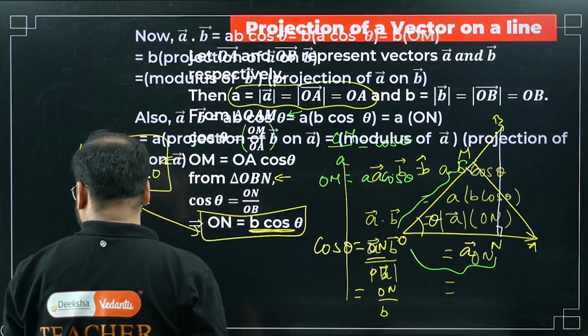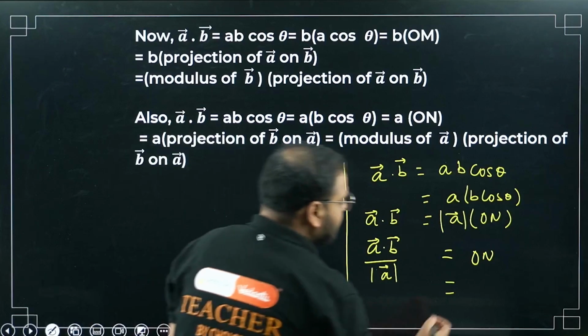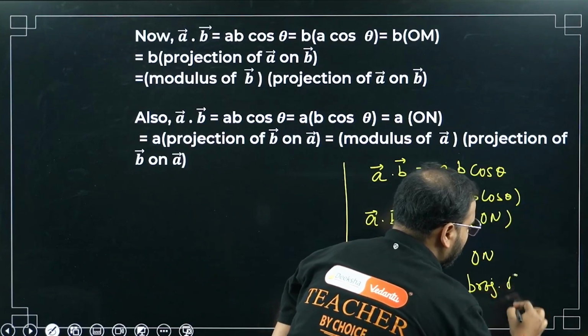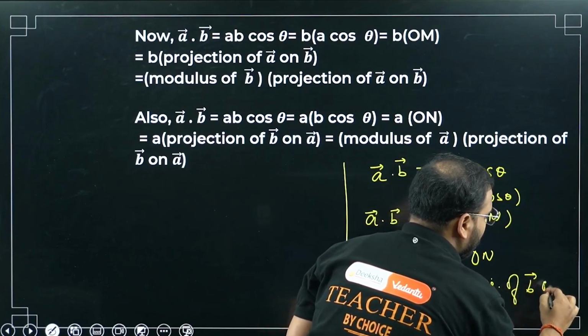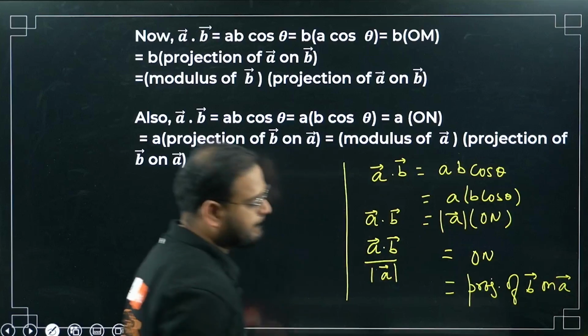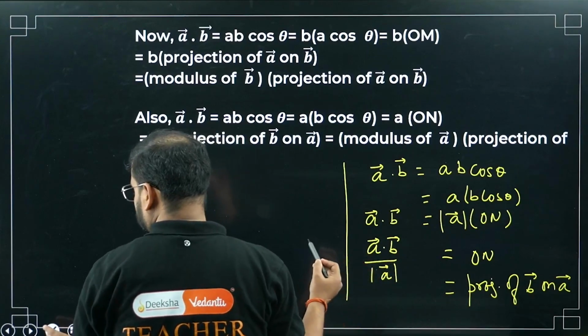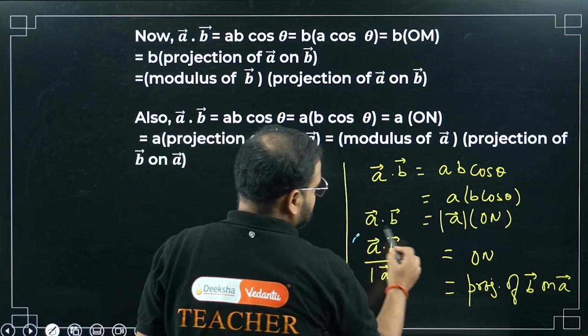Let me write that. I can write ON as the projection of vector B on vector A, and that equals this value.